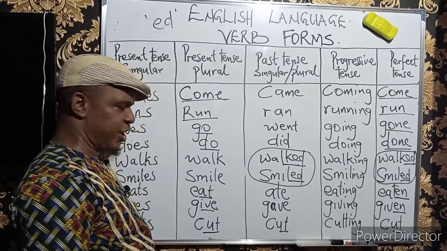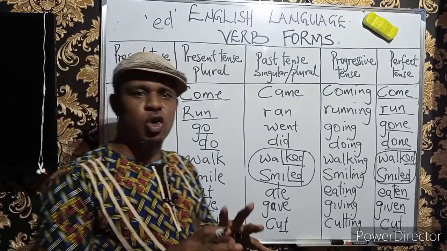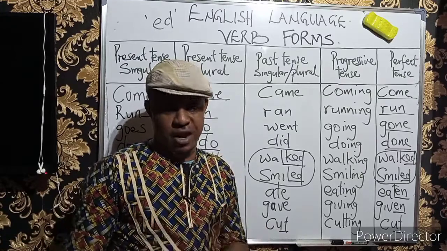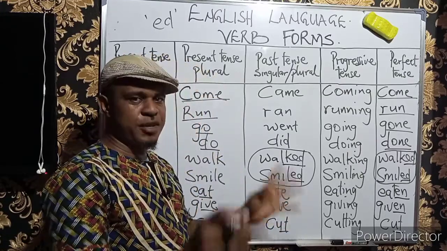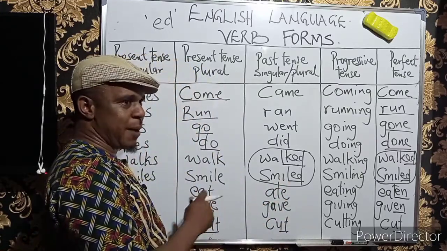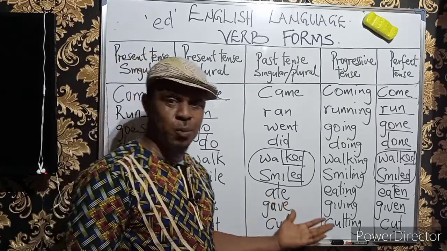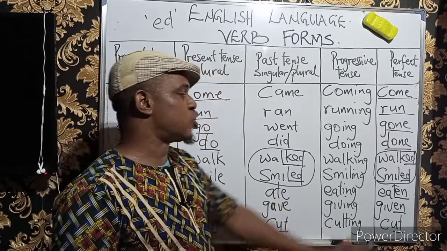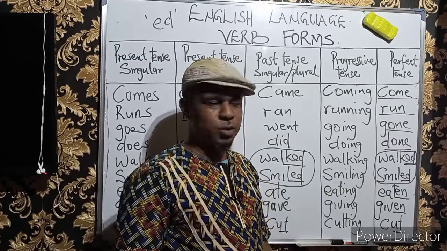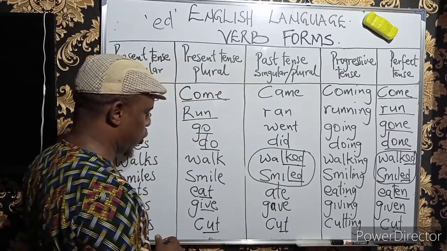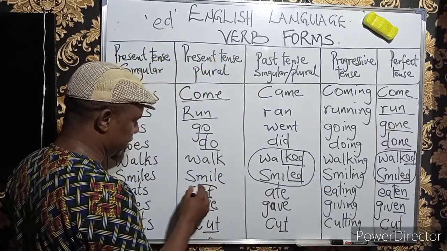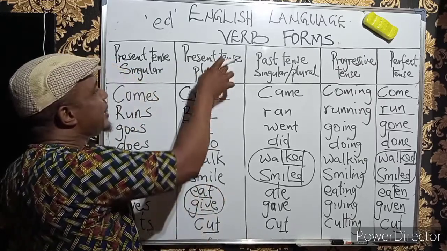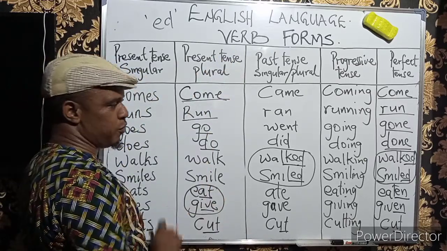And we also have the irregular verbs, which are the group of the verbs that appear differently. The way they appear in their present form changes when it comes to simple past tense, and it also changes when we come to past participle. Example, we have eat and give in the present tense form as plural verbs.